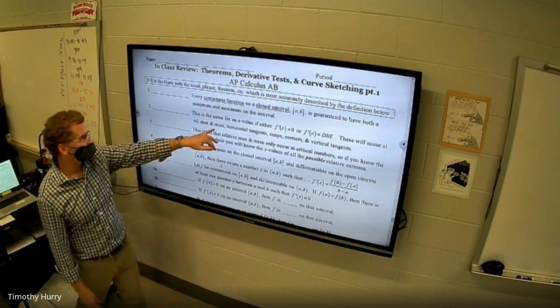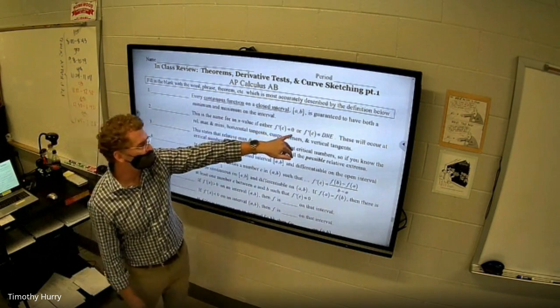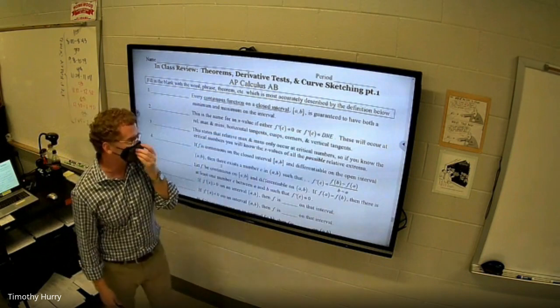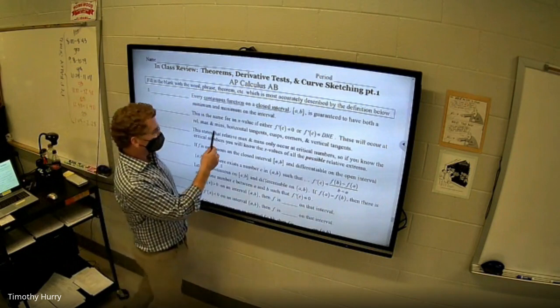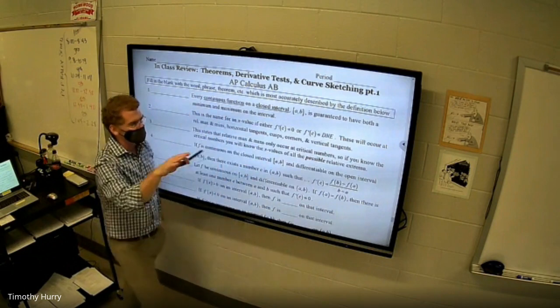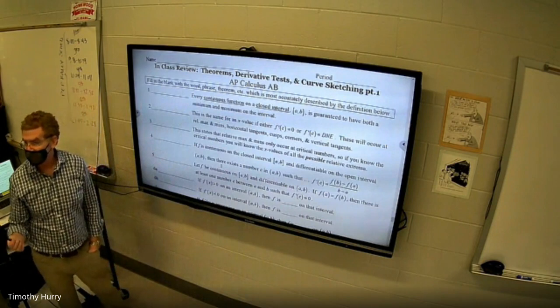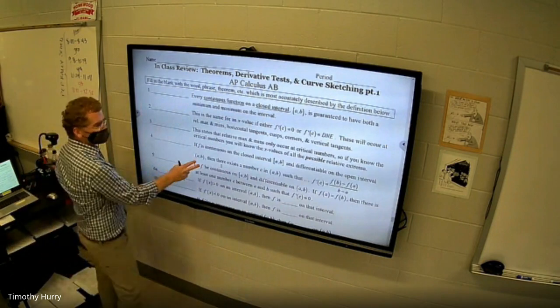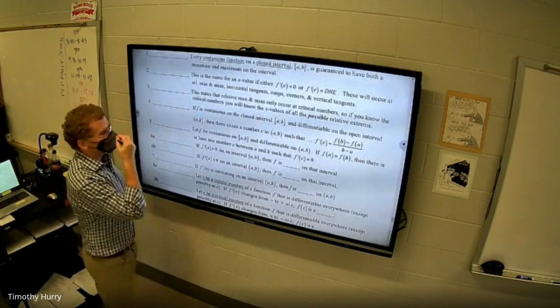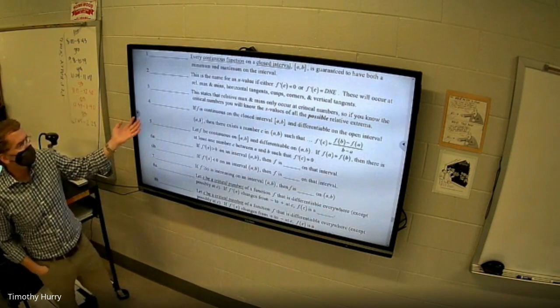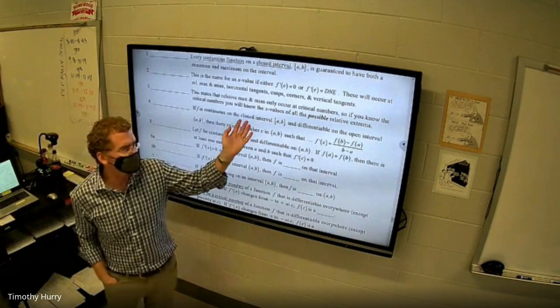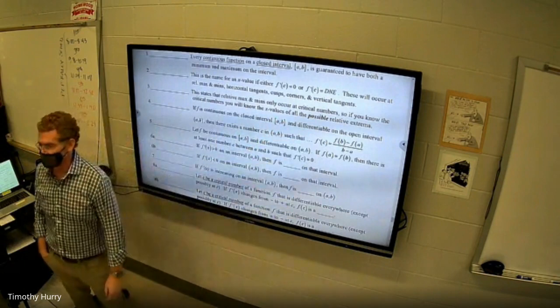The name for an x value where either the derivative is 0 or the derivative does not exist, which will occur at relative maxes, mins, horizontal tangents, cusp corners, and vertical tangents. What are those? Critical numbers. This states that relative maxes and mins will only occur at critical numbers. So if you know the critical numbers, you will know the x values of any of your possible extremes.